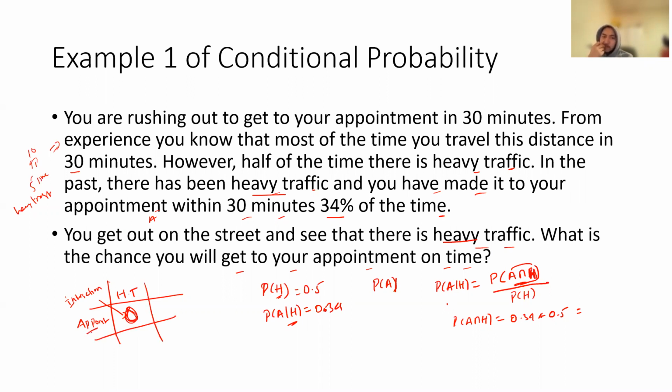Given that the probability of appointment, what is given? Usually heavy traffic will happen, 0.5, this is given. And appointment given that, in the past it's one scenario where he could get to the appointment in 30 minutes in 34% of the time in heavy traffic.